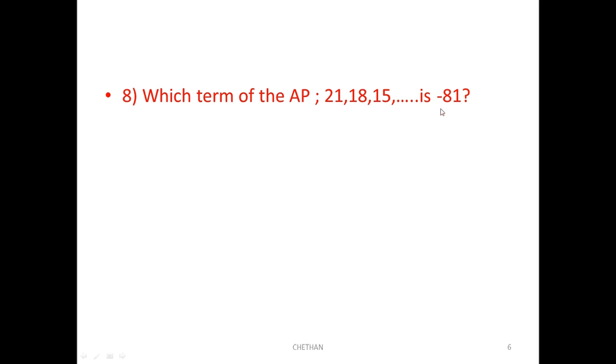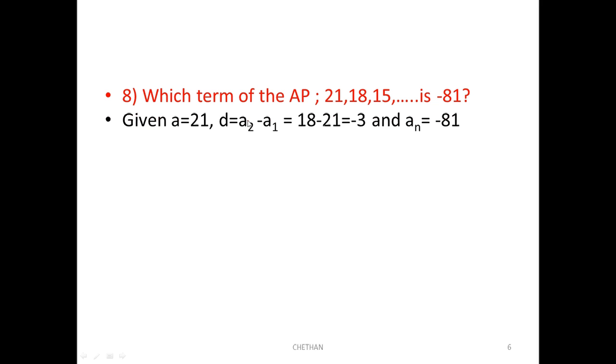We substitute these values and we will get the n value. See, a is equal to 21, then d is equal to a2 minus a1, second term minus first term, 18 minus 21 equals minus 3, and the last value an is equal to minus 81.